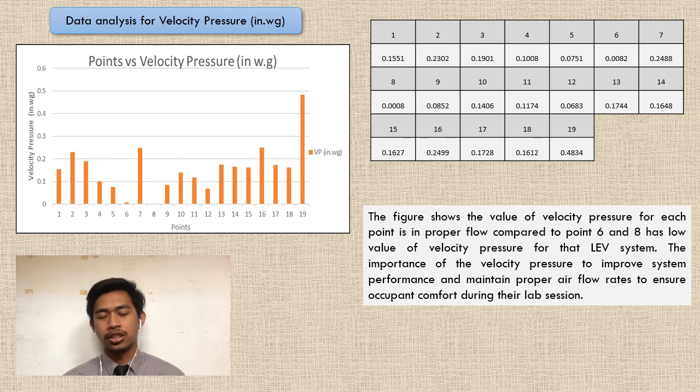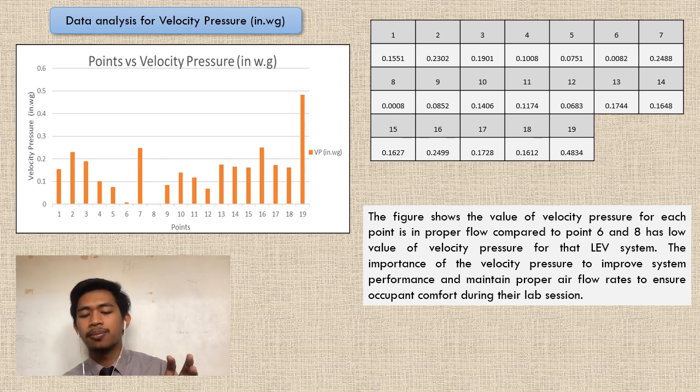Okay, for the velocity pressure, we can see points 6 and 8 are mostly in a bad situation. So the figure shows the velocity value for each point with proper flow compared to points 6 and 8, and the importance of velocity pressure to improve the system performance or maintain proper flow rate to ensure equipment comfort during lab sessions.